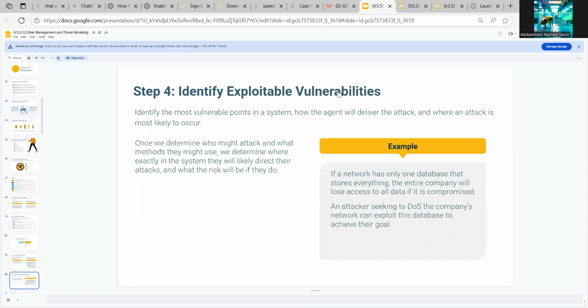So number 4, identify exploitable vulnerabilities. Identify ways for data to enter and exit the system. For example, a web application takes information in from the user and sends information back out in response to the request. Consider ways an attacker might exploit these points of entry and exit.